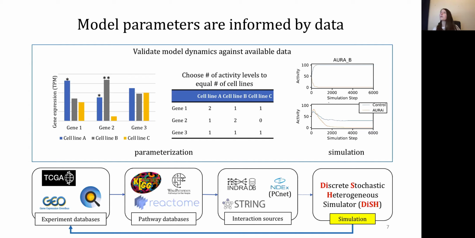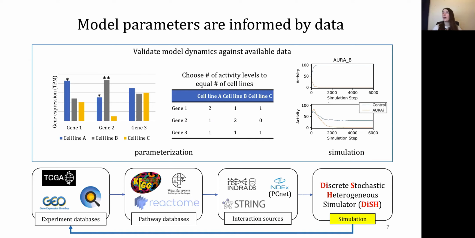For example, for gene 2, cell line B has significantly higher expression than any other cell line, and so we initialize that to the highest value, 2. And we initialize accordingly. In cell line A, we initialize gene 2 to 1. And finally, in cell line C, we initialize gene 2 to 0.